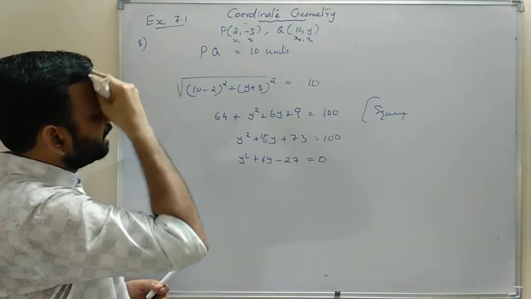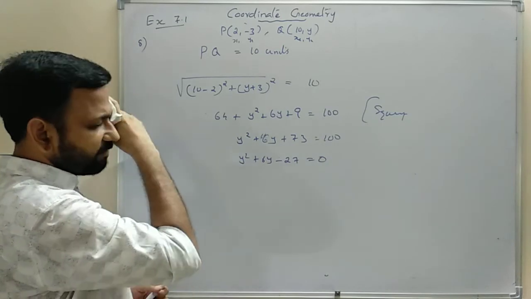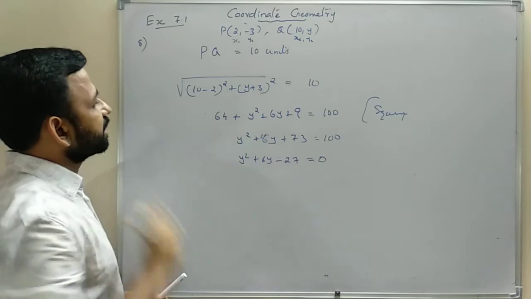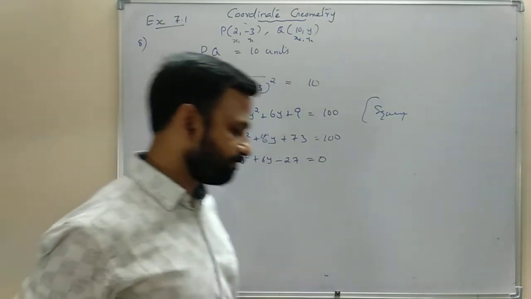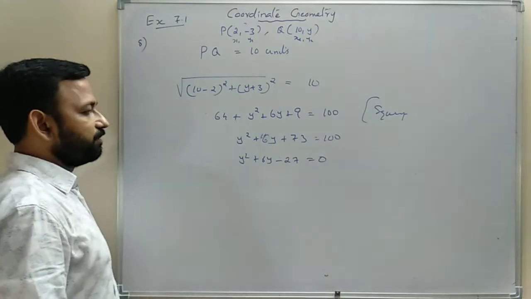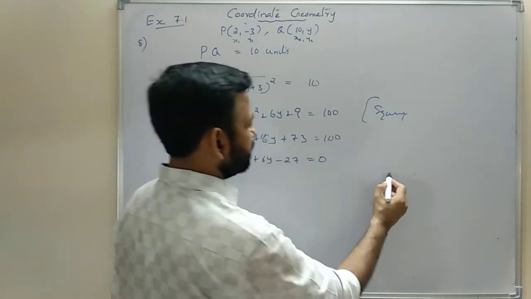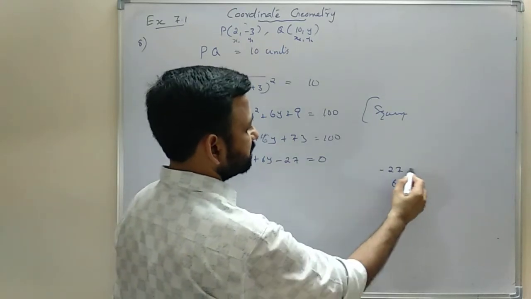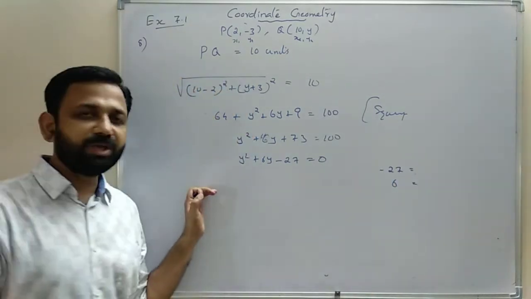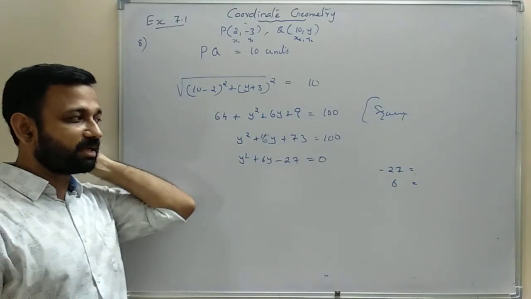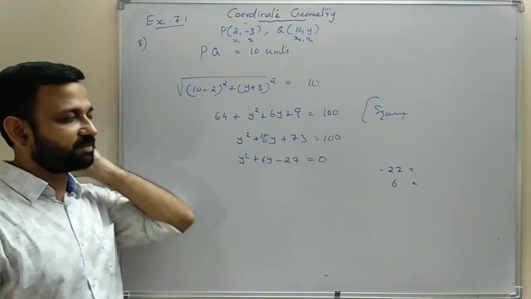And when we find the value of y from here, we will get the answer. So this is a quadratic equation, so by splitting the middle term we need to find the value of y. So here the product is minus 27 and the middle term is 6. So we need to find two numbers whose product is equal to minus 27 and whose sum is equal to 6.